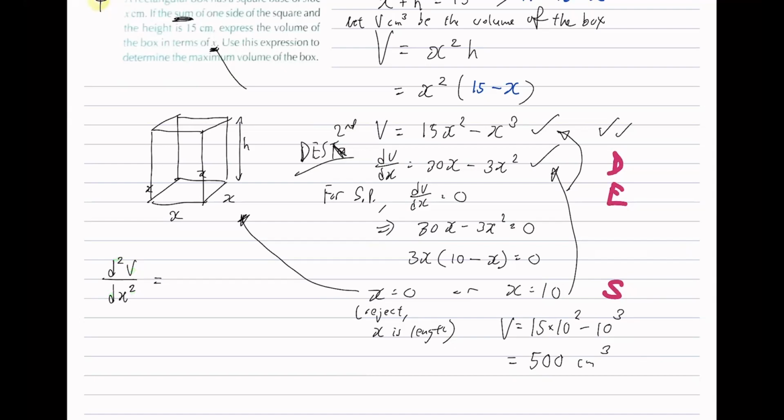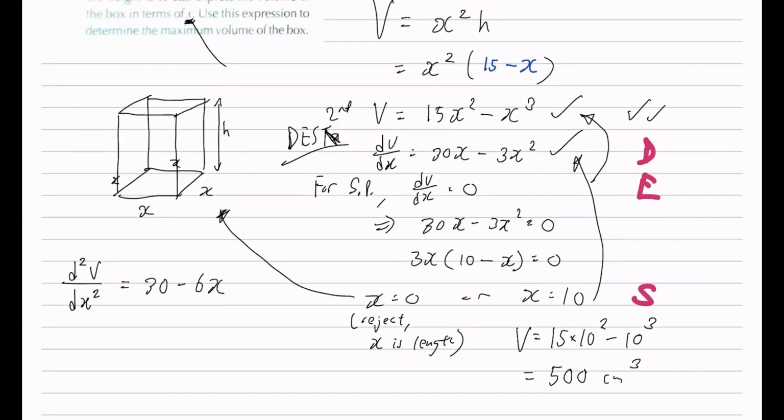Yes, equals. So you differentiate 30 minus 6x. Sub 10 into that. Then you get negative 30. So it means less than 0, which means it's a maximum point.